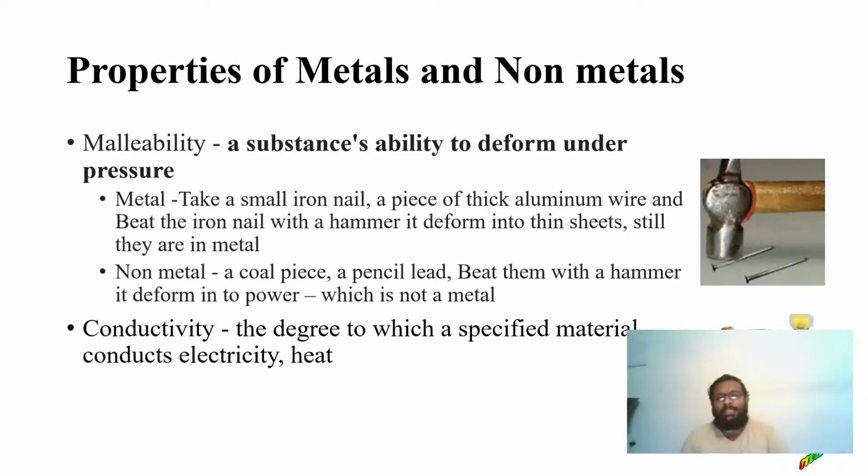Conductivity is the degree to which a specific material conducts electricity or heat. Here in this circuit, we have a battery connected to a bulb through wires, and in between the two wires we have a nail, which is a metal.